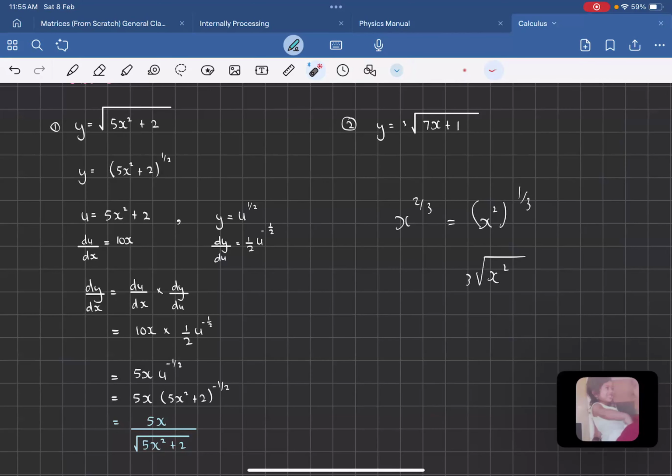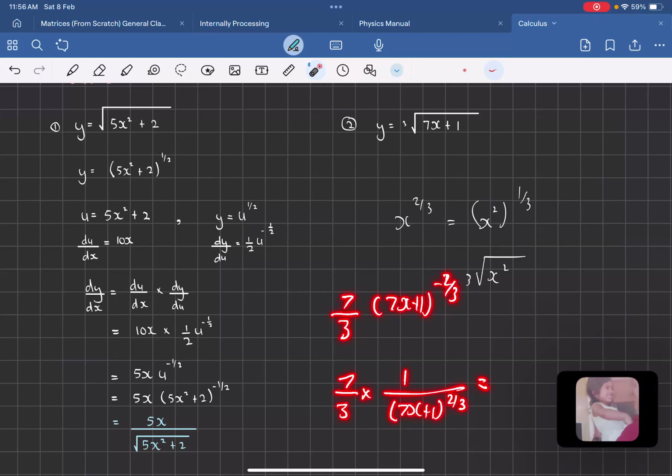Nicholas. Nicholas is not entirely correct. Right? Nicholas, if I have 7 over 3, and I have 7x plus 1 to the power minus 2/3, that's the same thing as 7 over 3 multiplied by 1 all over 7x plus 1 to the power 2/3.